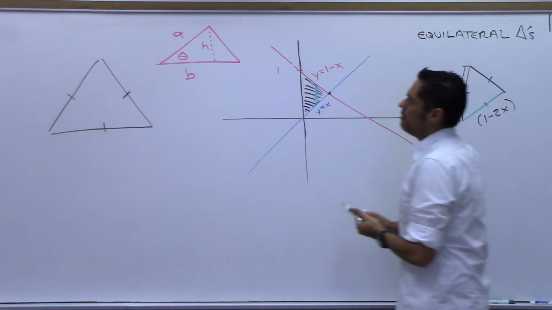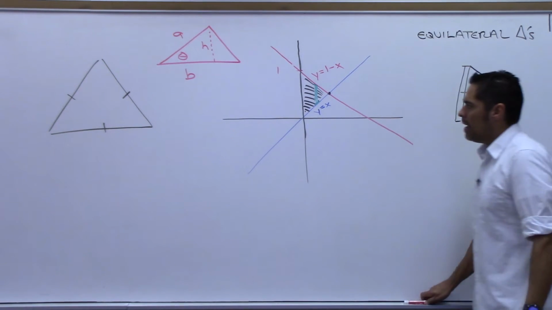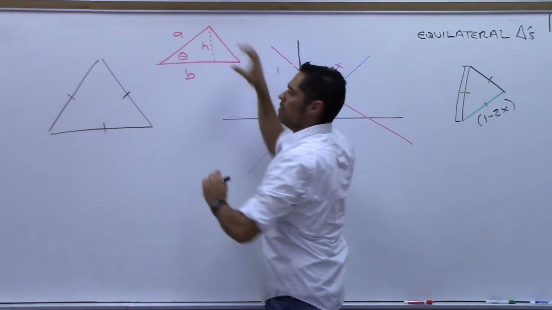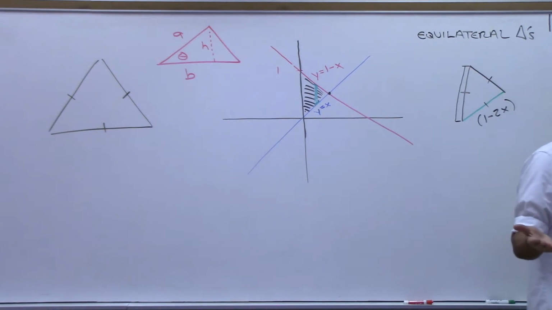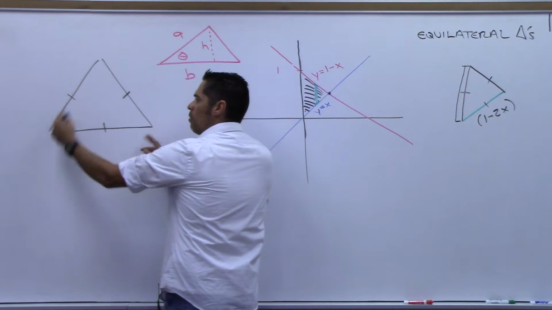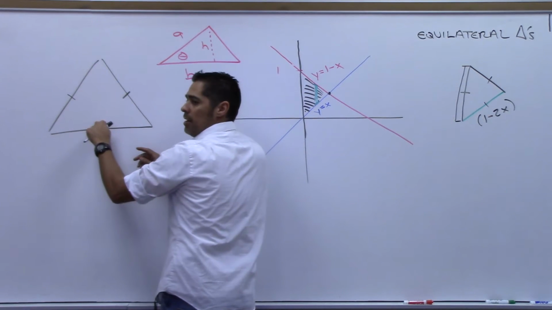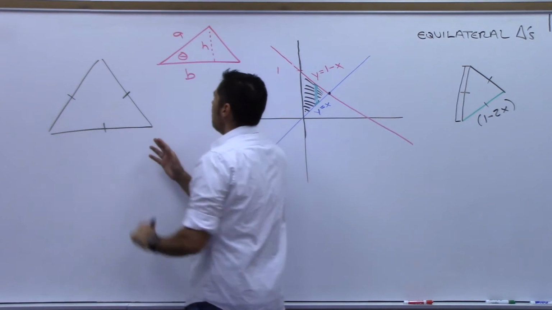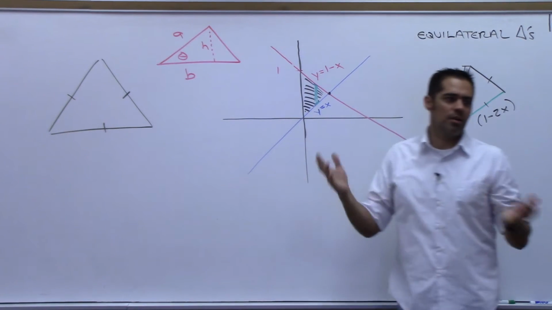There's 2 formulas. If you have a triangle, if you know the base and you know the height, then area is 1/2 base times height. But we don't know the height here, do we? We know the base. We don't know this altitude, the distance from here to here, do we? So that formula is great if we know that, but we don't.